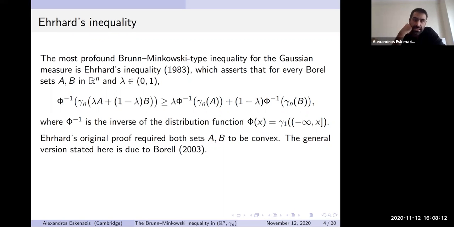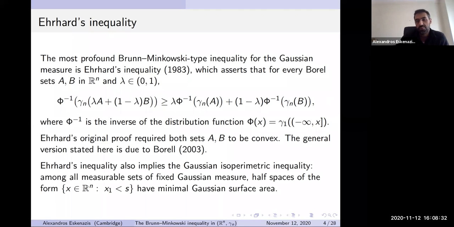But the general case, where you just require the sets to be Borel, is due to Borell from 2003, and he had a completely different proof which didn't go through Gaussian symmetrization. It went through a heat flow argument. And this is in fact a very important inequality.